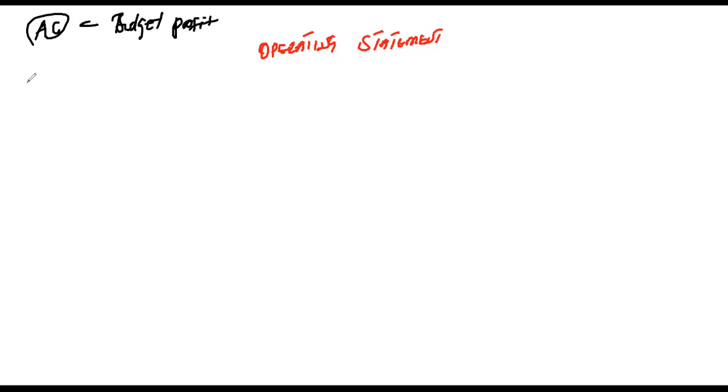So what is our budgeted profit in this question? It is easy to calculate because we have a standard profit, the planned profit. How much was our standard profit? Our budget production was 5,100.